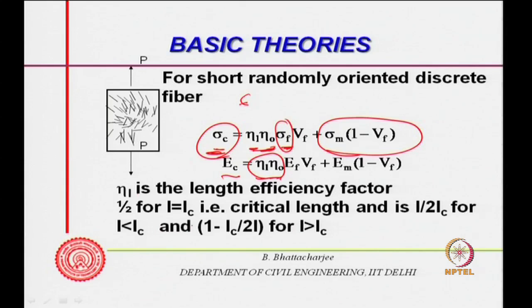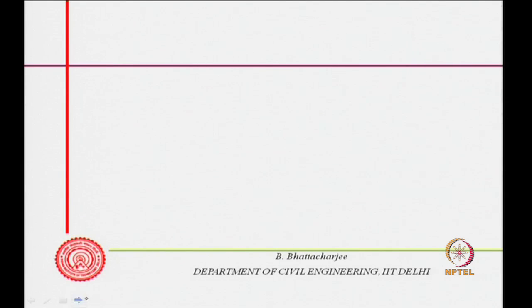It is half for L equals LC, which is called the critical length, and is equal to L divided by 2 LC for L less than LC, and 1 minus LC divided by 2L for L greater than LC. So, we must look at what LC is and how these values come. That is what we will look into in the next slide.